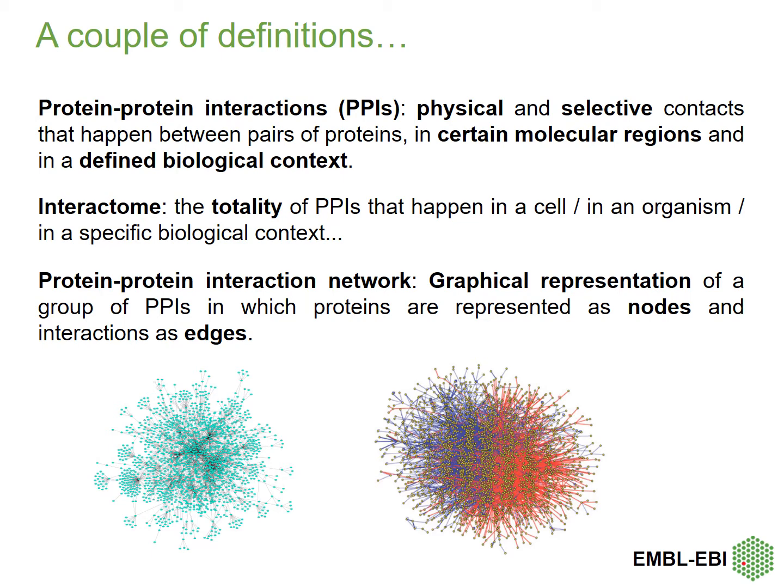You could think of a domain or even a motif inside the domain, and there's a context. Interactome is the totality of all those interactions in a cell, organism, in a context, a disease. So they use the word interactome to designate the one protein level, but the definition can extend to everything happening in a certain type of cell.